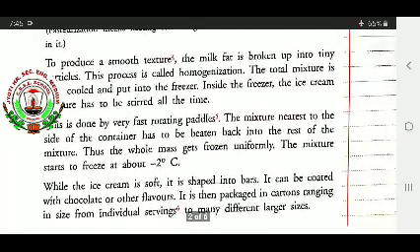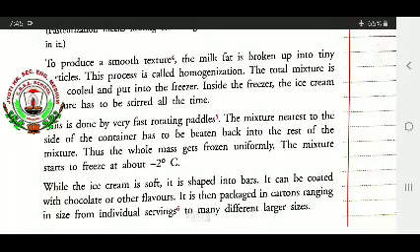Next step. While the ice cream is soft, it is shaped into bars. It can be coated with chocolate or other flavors. It is then packaged into cartons ranging in size from individual servings to many different larger sizes. After freezing, when the ice cream is soft, it is shaped into bars.